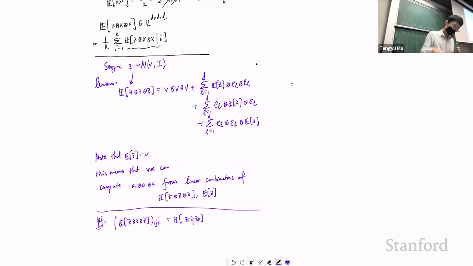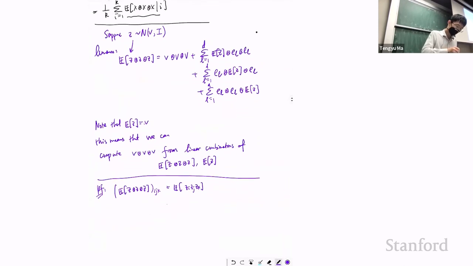To compute this moment, we do this in a brute force way. What is z_i z_j z_k? You can write z_i as v_i plus ξ_i, z_j as v_j plus ξ_j, and z_k as v_k plus ξ_k.